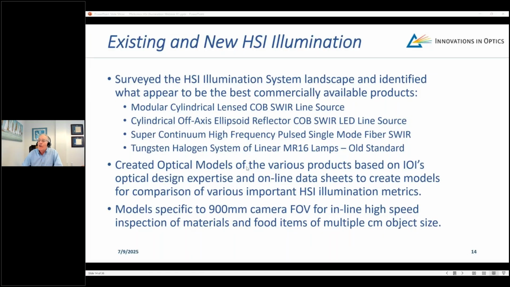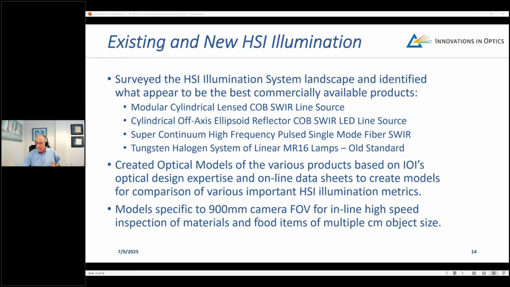That's where the solid state approach is very attractive, even though similar or higher startup cost, the operational cost of ownership is much lower. So we created some optical models based on these commercially available systems. They aren't necessarily exact representations of those products, but they're as close as we were able to determine based on our extensive optical design knowledge, and also kept the design in line with the data sheets that are provided by those systems.